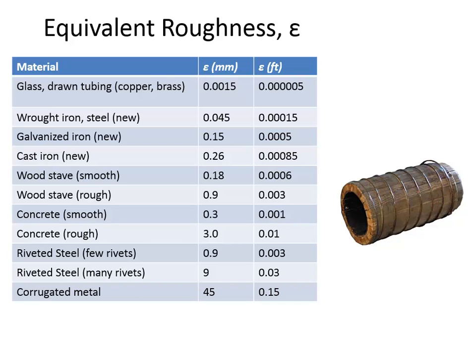Drawn means it is like those Play-Doh presses where you put Play-Doh in and you're squeezing it and it comes out extruded. So pipe materials that are extruded are usually much smoother than those that are cast in place like concrete is. So drawn tubing just means it's something that was forced through an orifice.